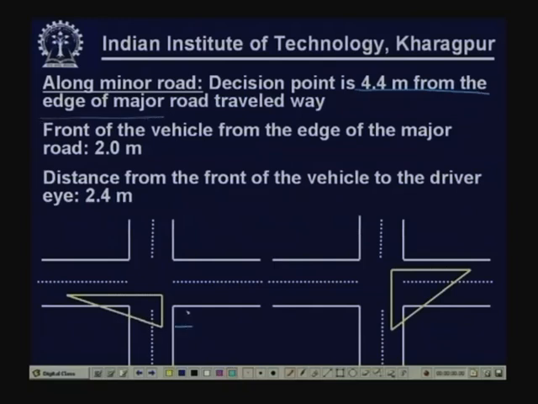So, this is the distance which is 4.4 meter. Now, what should be the length of additional length, that is this length, and in this case considering the traffic from right, that can be obtained easily considering the width of the road. So, if it is a 4-lane road, accordingly one can calculate.